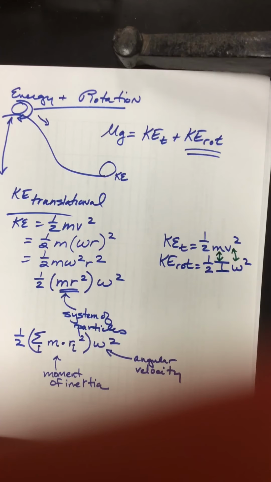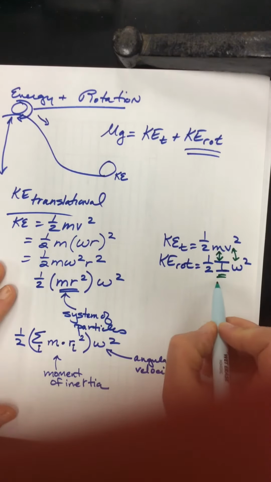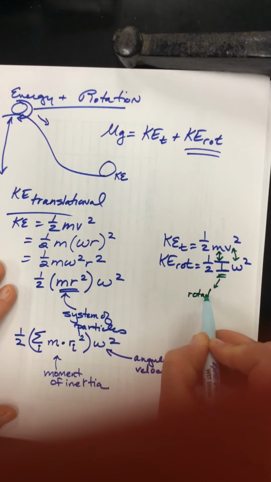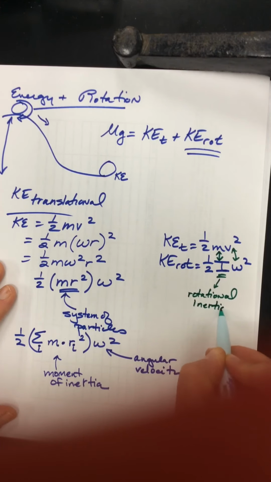Like I said, we're going to spend a lot more time on it later, but this is the rotational counterpart to mass. Mass has inertia: it doesn't want to change its velocity, or whatever kind of motion it has. This is a rotational inertia. It's a resistance to the change in rotation.